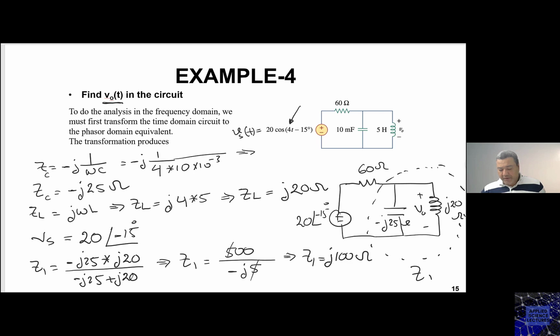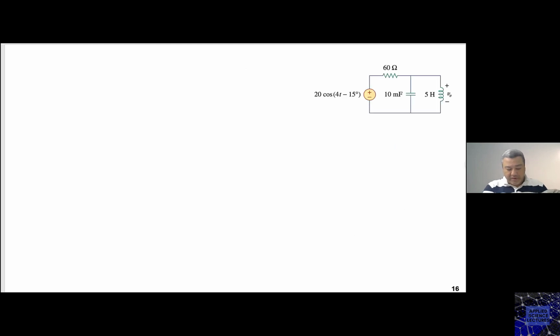So in order to find the voltage V0, we said we need to use voltage division. This one is j100. What I can do here is put this j100, which is equivalent to an inductor, right?